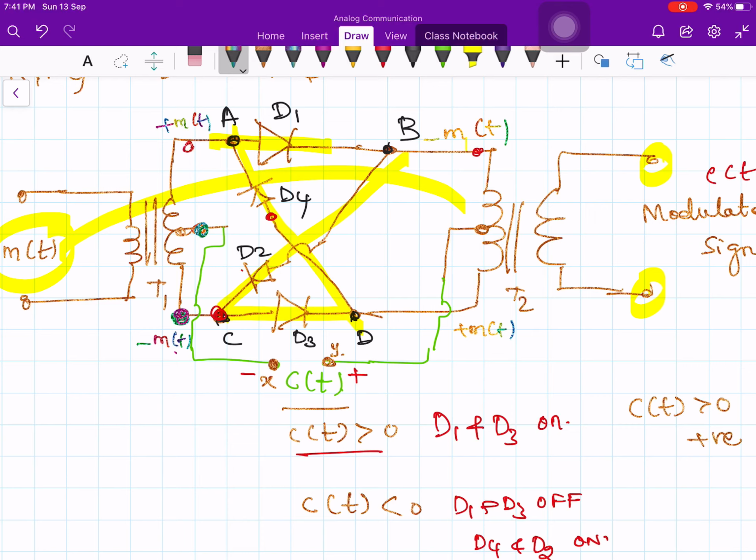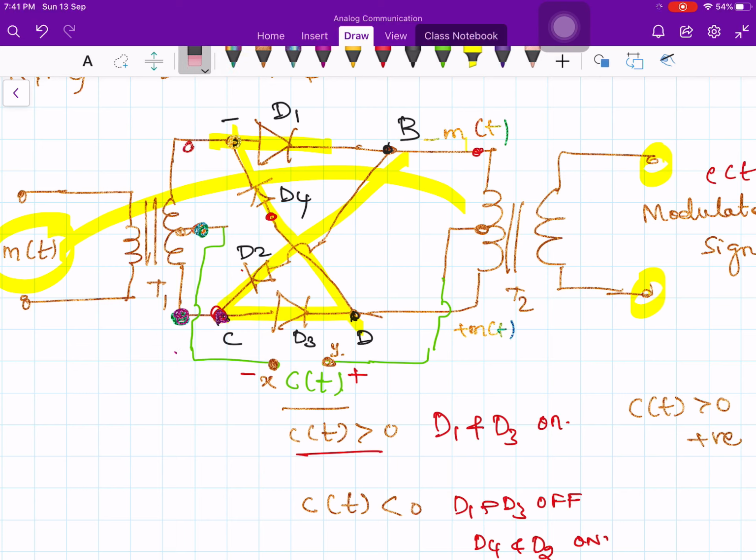Okay, here C of t is actually balanced out. It is cancelled out. That's what we mean by balanced oscillator, balanced circuit. There is no net carrier applied from, let's say, this A point and C point. If you take the net output from A to C, it is 0, balanced out. Why am I saying balanced out?